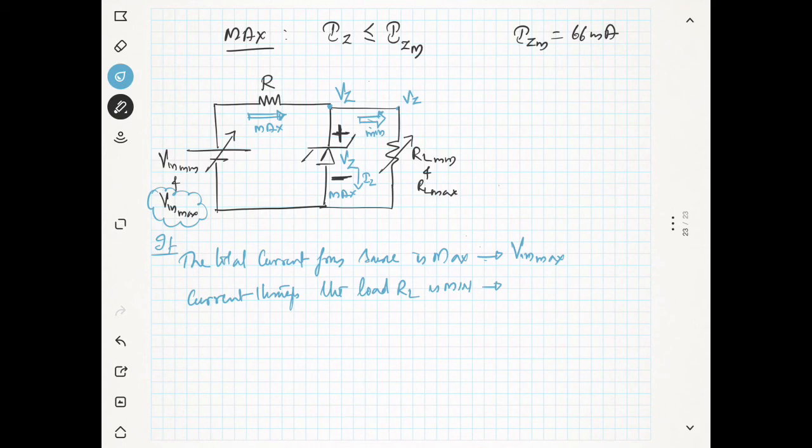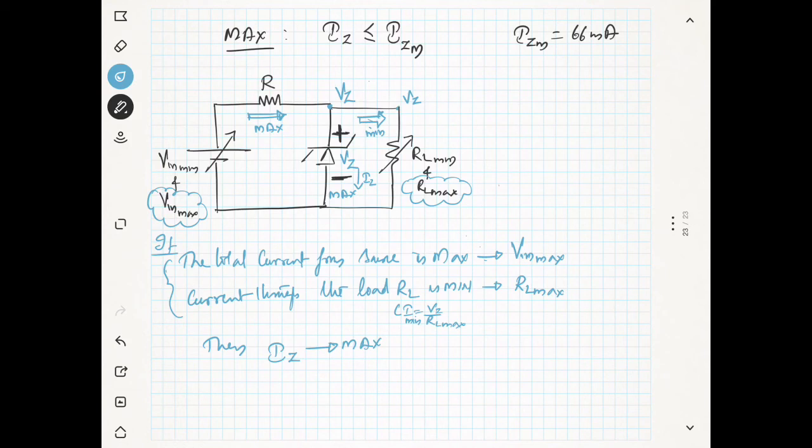It will become minimum when the load resistance is maximum, because current equals voltage by resistance. When the load resistance becomes maximum, the current becomes minimum. So if these two conditions are met, then the current through the Zener diode will be maximum.